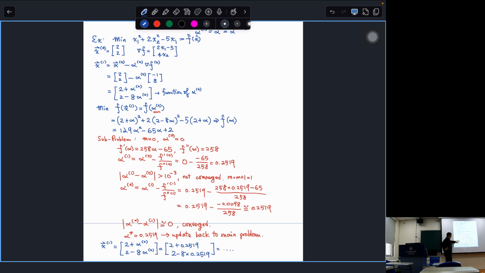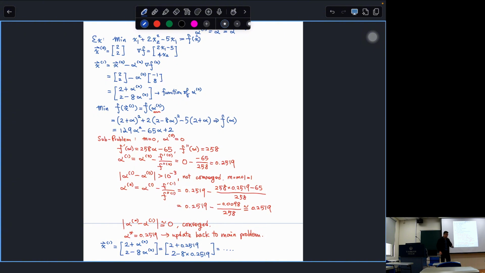So I use 1D Newton, and then I know the optimal alpha. I just plug back to here. That gives me the updated x for this iteration. Then you continue with your convergence check and do this again and again. Okay?